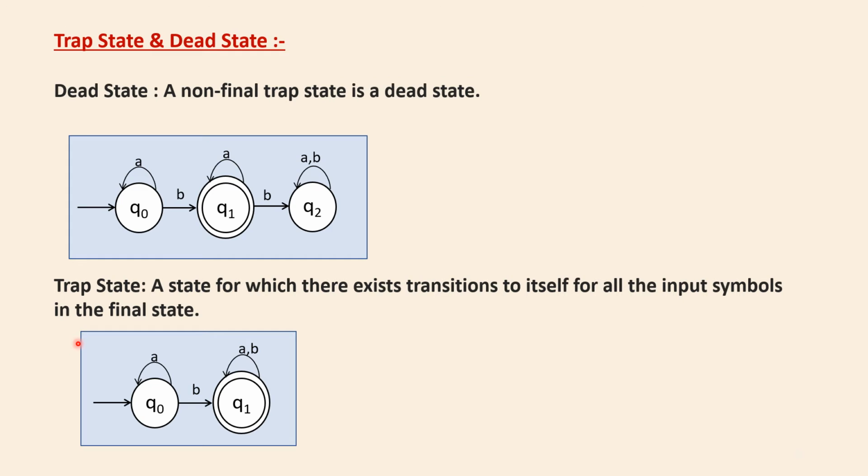Let us see what is a trap state and a dead state. First, a trap state: a state for which there exist transitions to itself for all the input symbols in the final state. See here, I have a diagram where I need at least one B to reach the final state. If I have n number of A's, I am still in Q0, which is a non-final state.